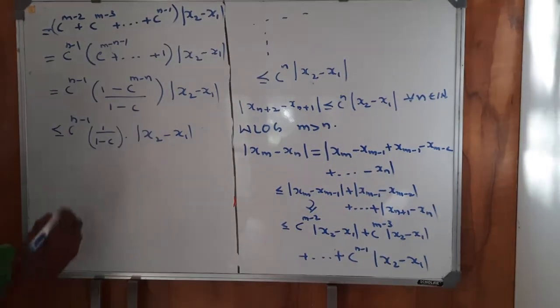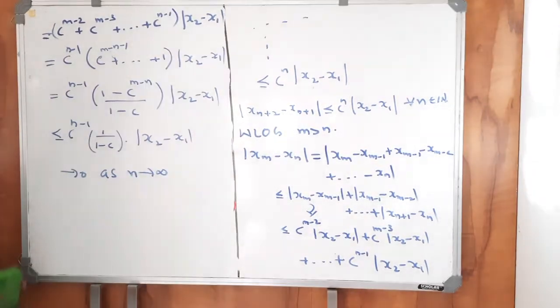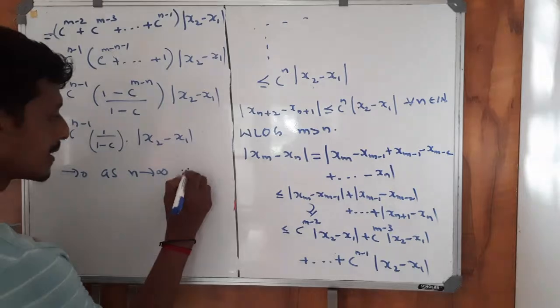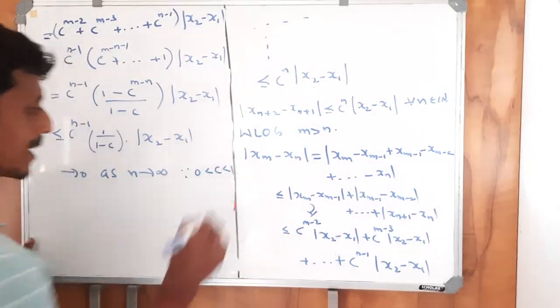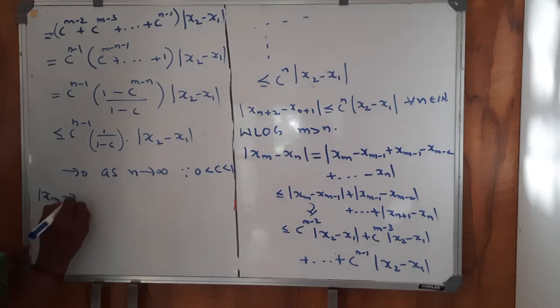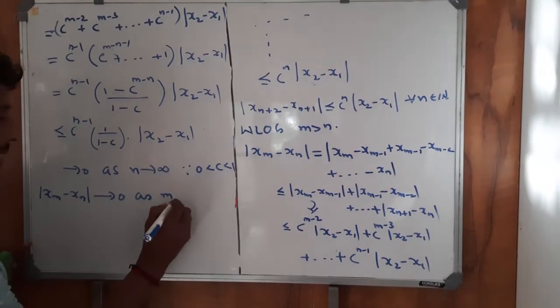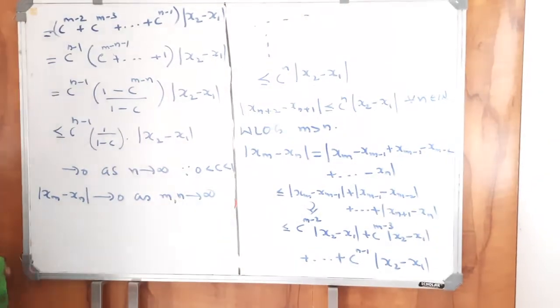So observe that this tends to 0 as n tends to infinity, since 0 less than c less than 1. This means that modulus of xm minus xn tends to 0 as m and n tend to infinity.